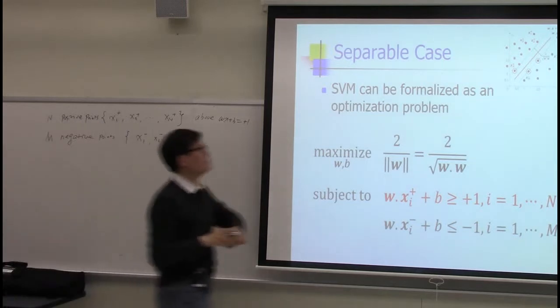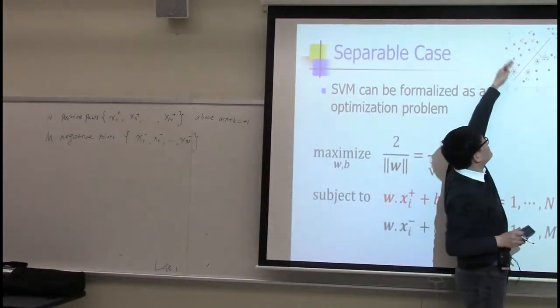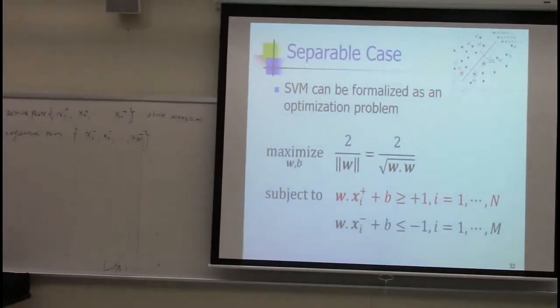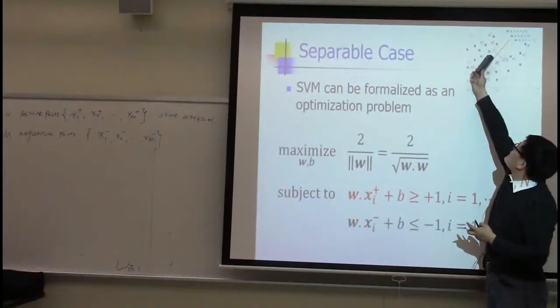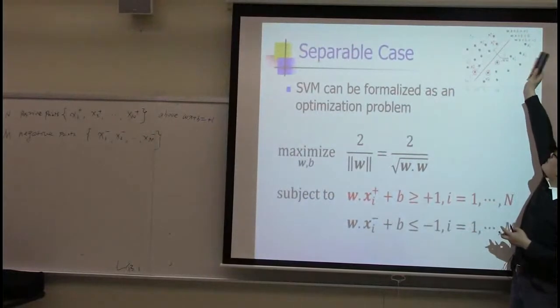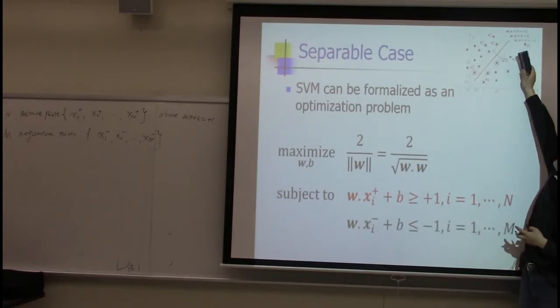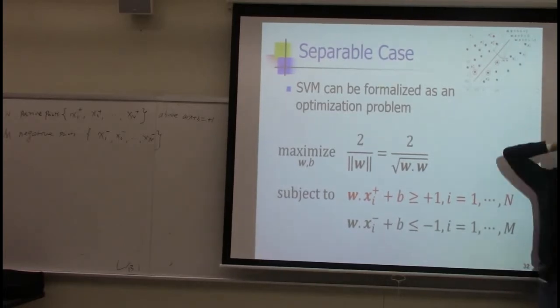Right? So here, all the red points. Here we define the red class as positive. So I define all red points are above w dot x plus b equal to 1. And then all black points are below w dot x plus b equal to minus 1.